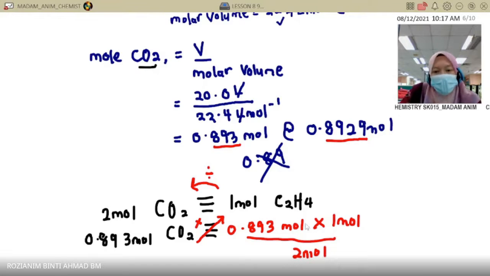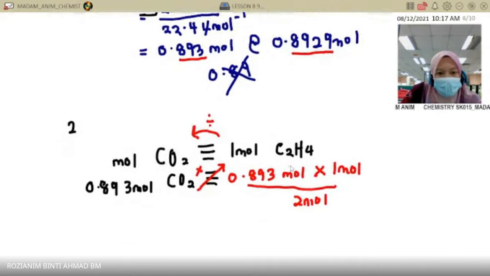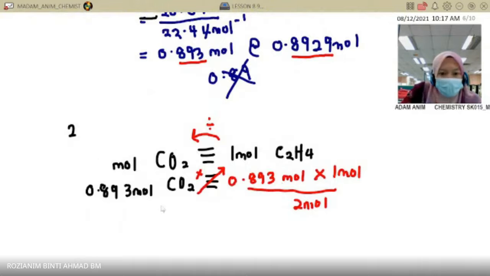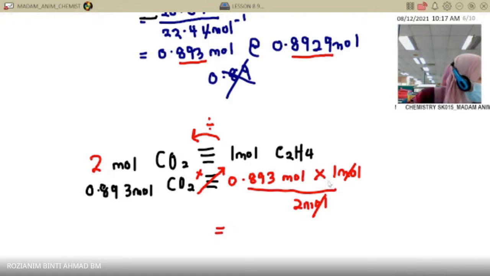Okay, so disebabkan kita menulis pada sebelah kanan, maksudnya kita tengah mencari mol C2H4. Okay, so this is equal to, tekan calculator, mol cancel. So finally we just have 1 mol. So kita akan dapat berapa dekat sini? 0.4465.